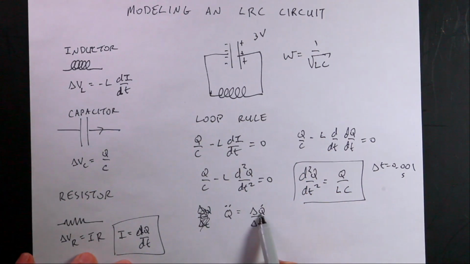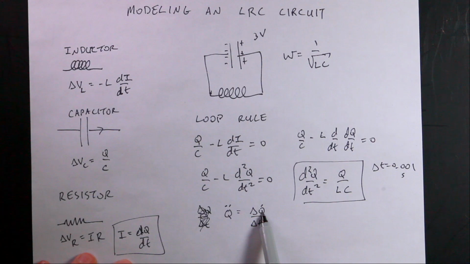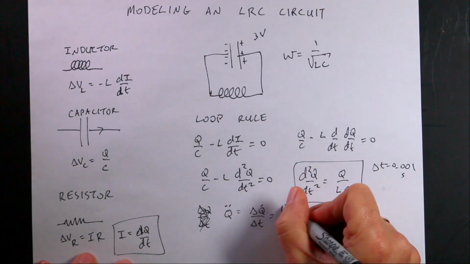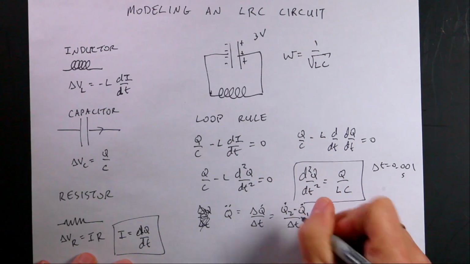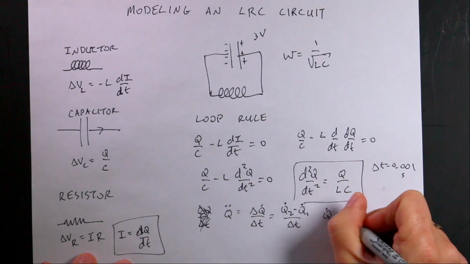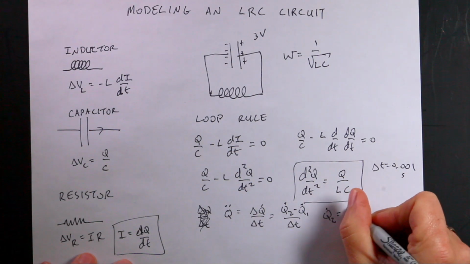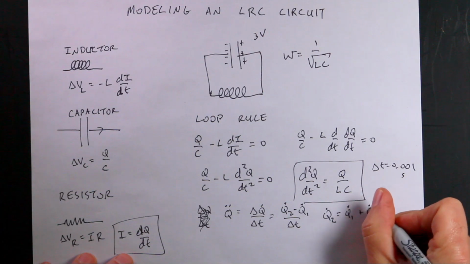So I'm going to say that is delta Q dot over delta T. If I know this value, which I just did, I can use that to calculate the Q dot at the end of the time interval. So I can say this is Q2 dot minus Q1 dot over delta T. And then I can solve that for Q2 dot. Q2 dot equals Q1 dot plus Q double dot delta T.